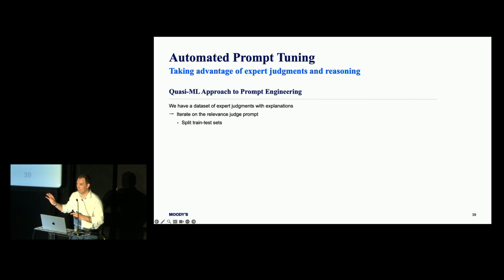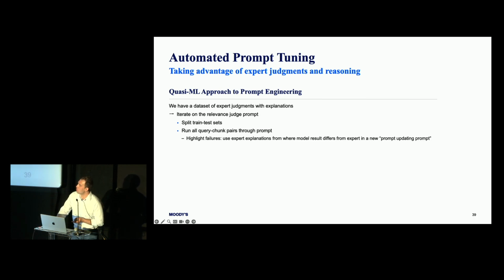We're going to split this. I want to make sure that I have a holdout test set. That's important. We don't want to train on our test data. But we run everything in our training set and highlight where our prompt does not work. Then we cherry pick those examples and feed them into another tuning prompt and say, your colleague's prompt failed in figuring this out for these reasons.